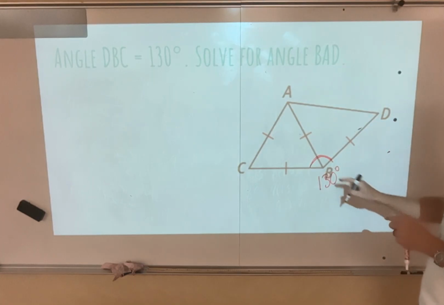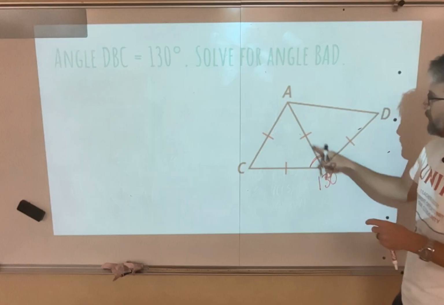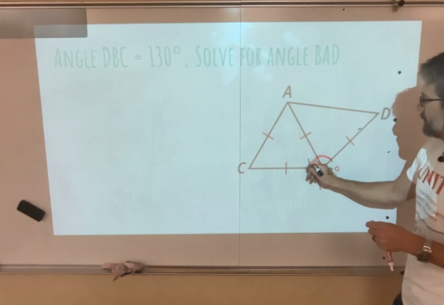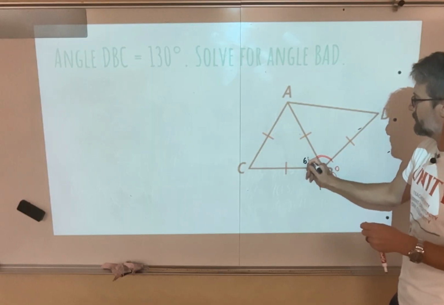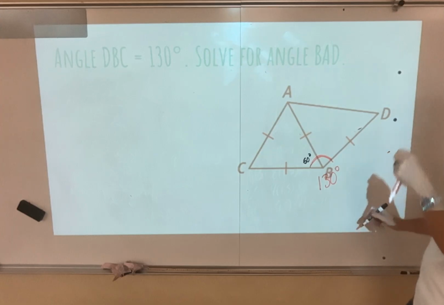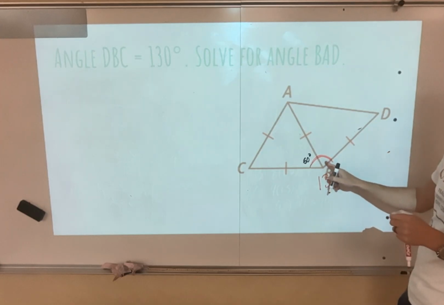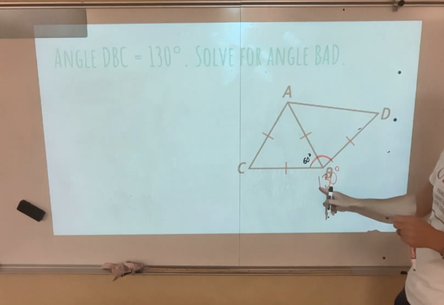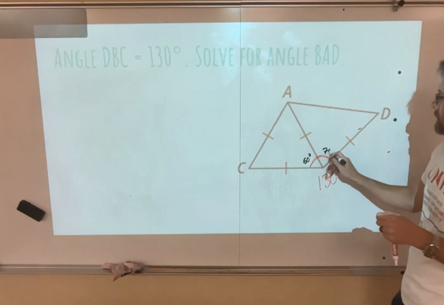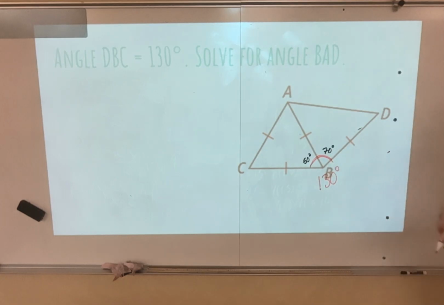Well, I know that because the one on the left is equilateral, this part is 60 degrees. And so now I could figure out what this angle is. If I do 130 minus 60, there's 70 degrees left here.